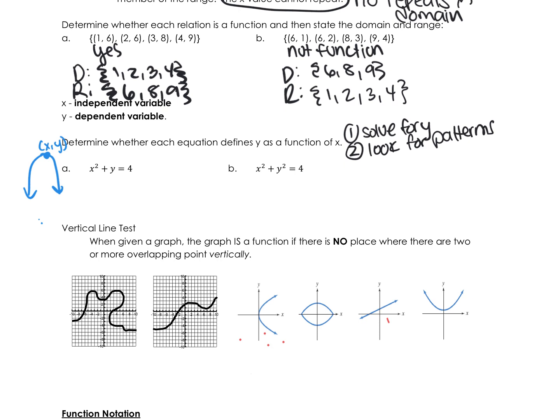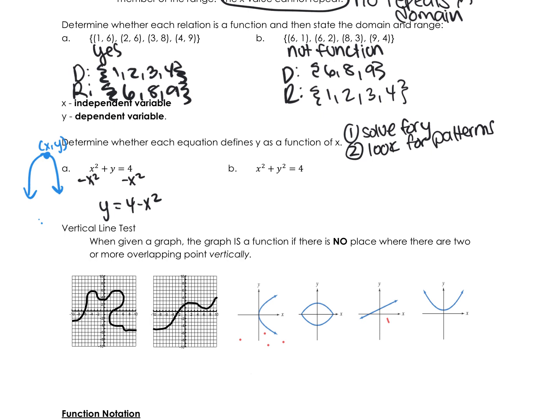So if you were to take this equation and solve for y, you could subtract x squared from both sides, and you would get y equals 4 minus x squared. So for this situation, we were able to solve for y. Y is by itself, right? So we did that successfully. And this means that no matter what x I put in, there will only be one y that comes out, right?